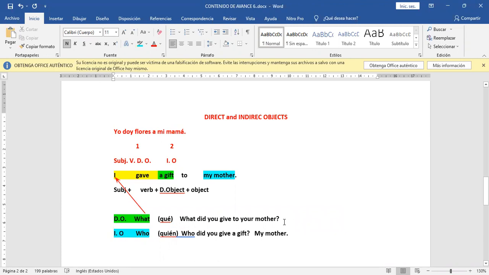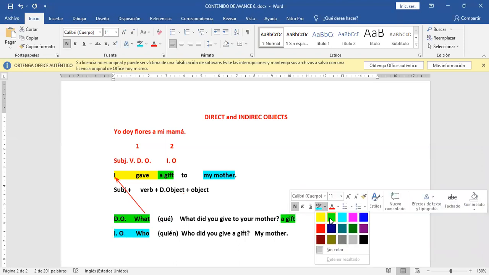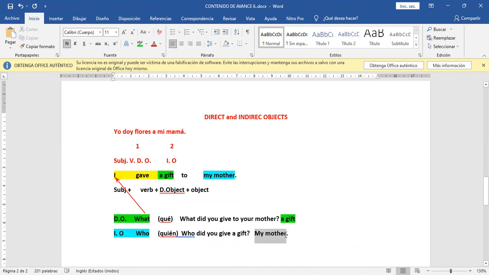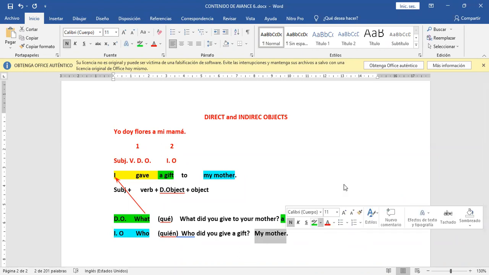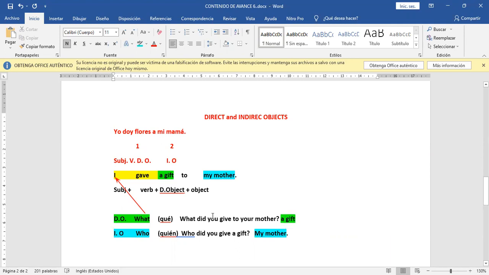Is it clear? Yes. I know something is missing, don't worry, but I want to know if it's a little bit clear. We're going to continue working. So, what? A gift. Who? My mother. Okay. Direct object. So this is indirect object.